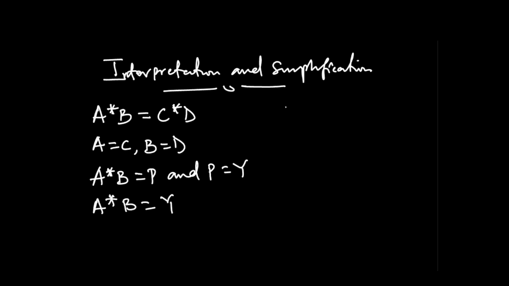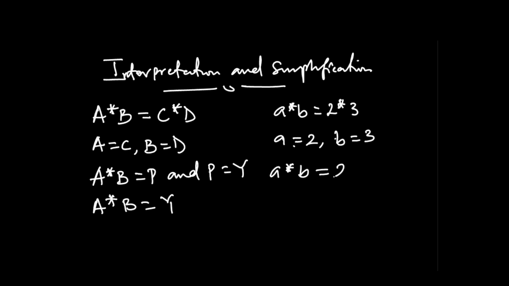So let's take, for instance, that I have A operation B equal to 2 operation 3. That means A is equal to 2 and then B is equal to 3. So anywhere I find A, I will replace it with 2, and anywhere I find B, I will replace it with 3.